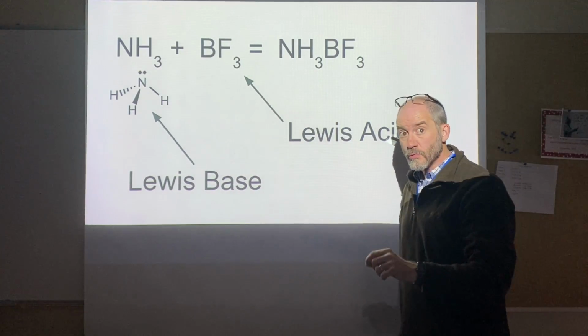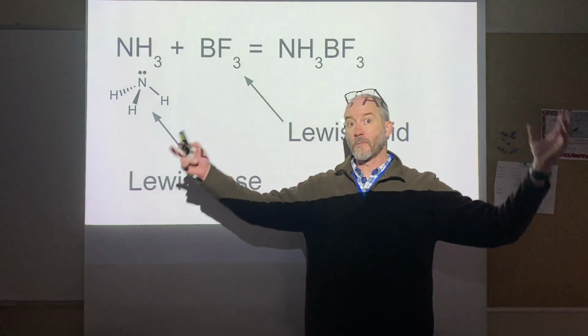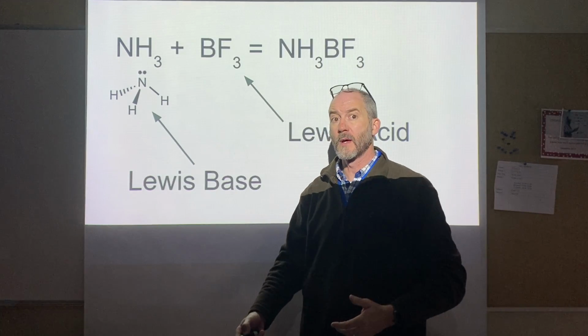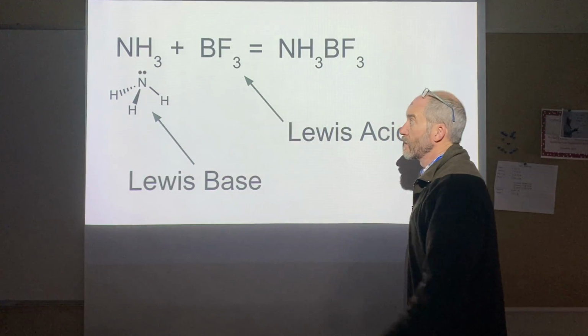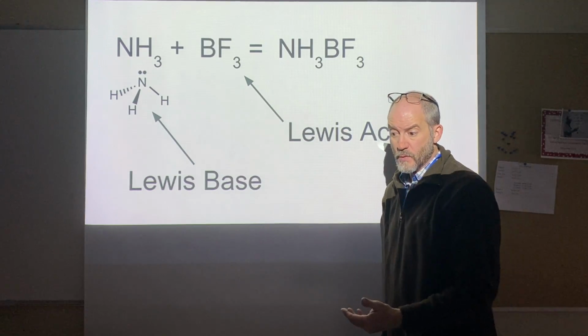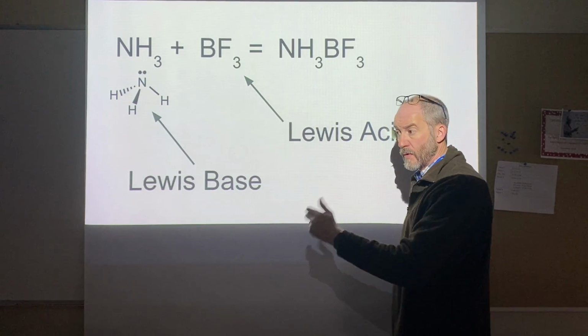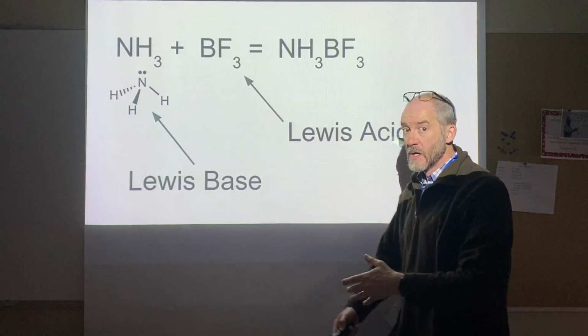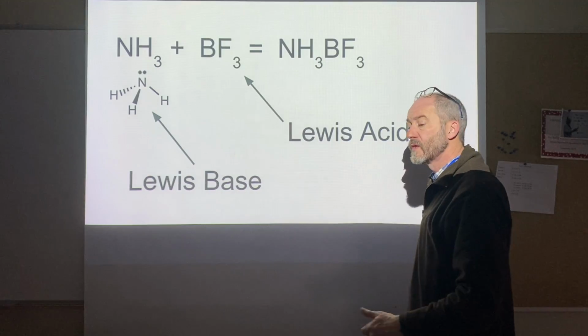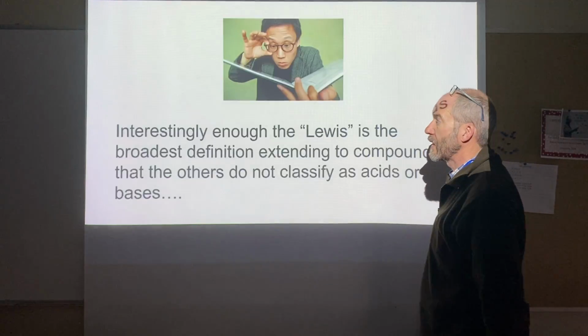So Lewis really opens up our definition of acid and base to a much broader category, okay? Because we don't really see the items that we were seeing in Arrhenius or Bronsted-Lowry. So this makes our definition even more encompassing. And that's something we'll continue to talk about together and in class.